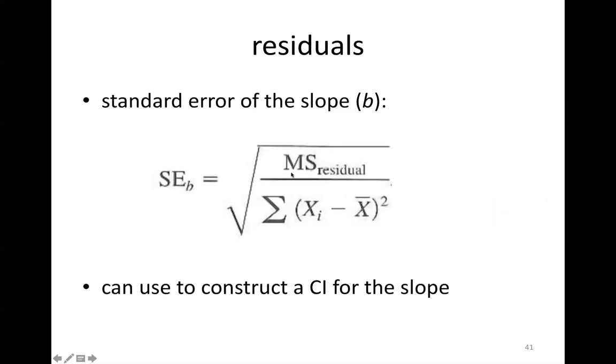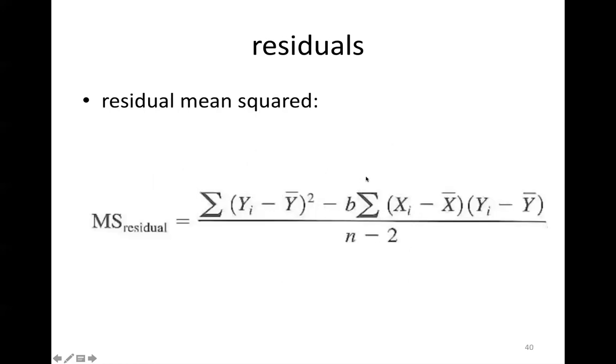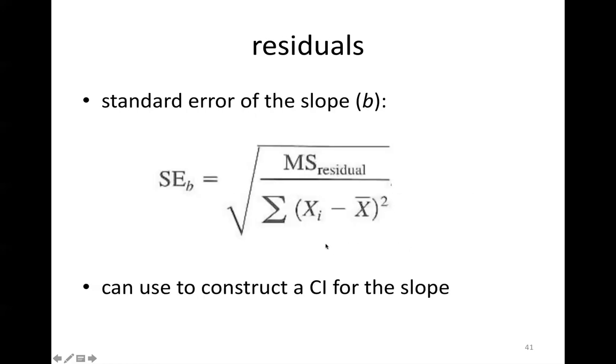And the standard error of the slope turns out to be calculated as the residual mean squares, what we just saw how to calculate, divided by the sum of squares for x.